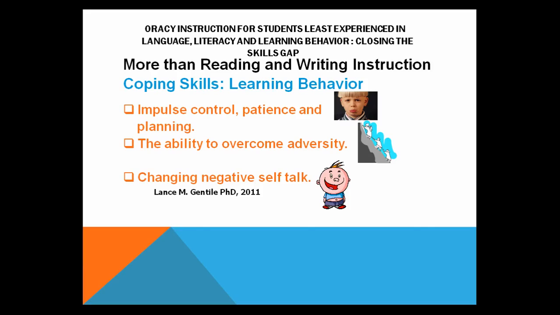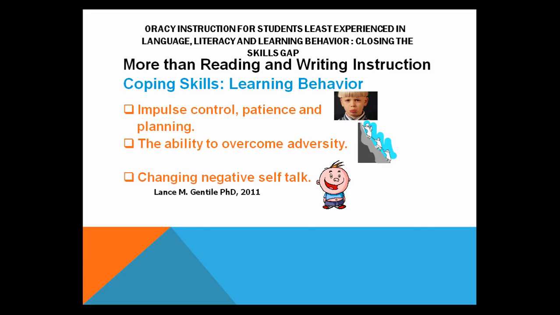They have to learn how to control their impulsivity, develop patience, and then planning. They need to be able to set forth a sequence that will allow them to move from point A to point B to point C, and then demonstrate competence across, like I say, a sequence of activity or content. They need to develop an ability to overcome adversity and not just quit as soon as things get a little more difficult.